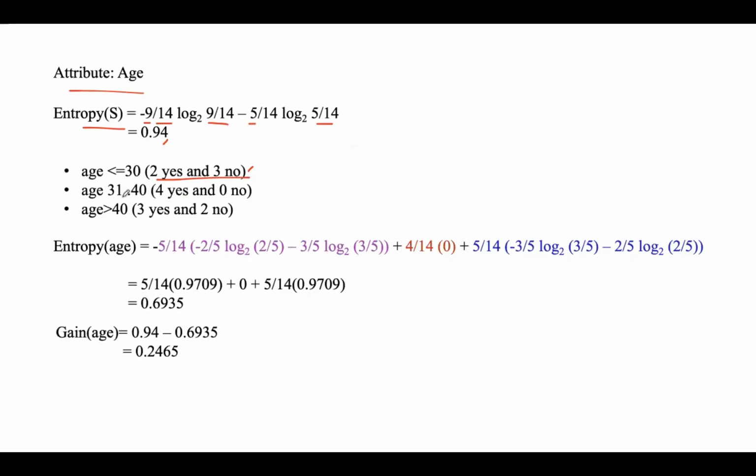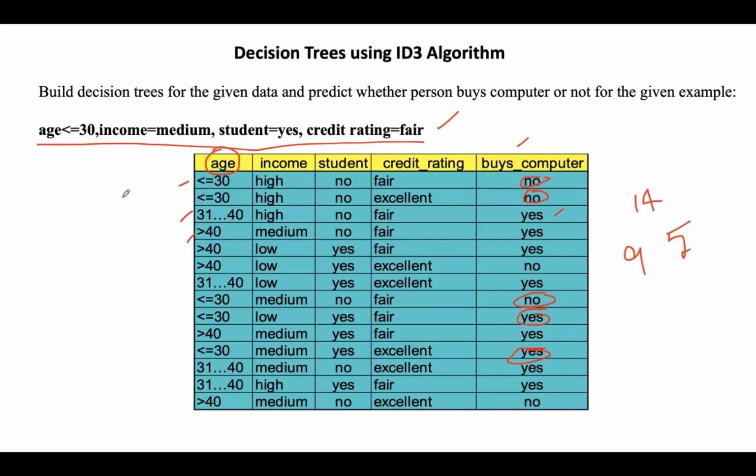Now take age in between 31 to 40. The number of yes is 4, and we don't have any no examples.